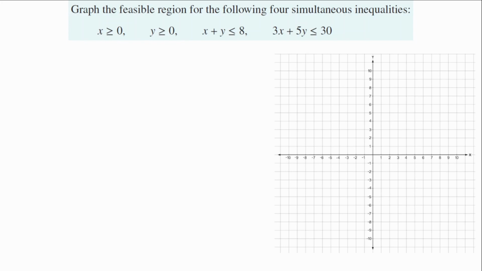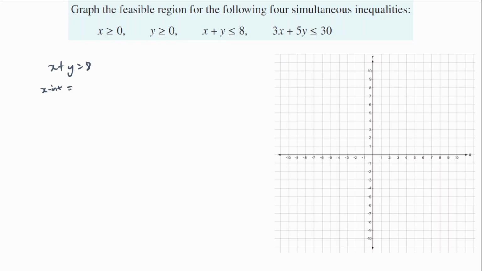x plus y is smaller or equal to 8. So thinking about last lesson, the first step in finding this region is to graph the linear graph for this. So we're going to think about this as x plus y equals 8 for now. And we need to graph that line. And to do that, we need to find the x-intercept and the y-intercept. Remembering x-intercept is when y equals 0.